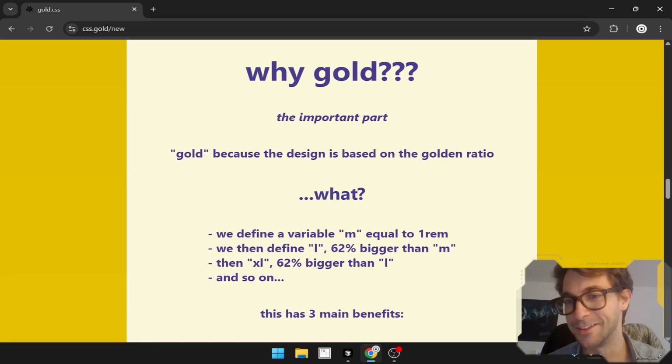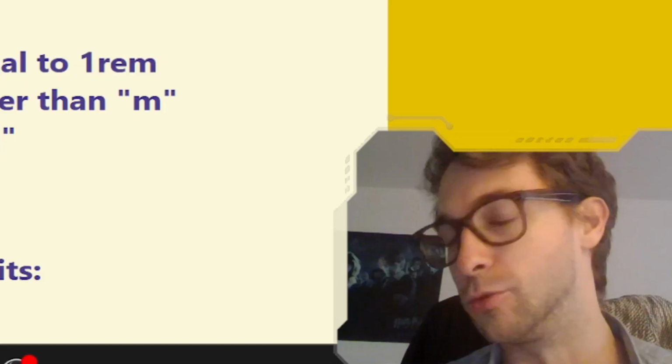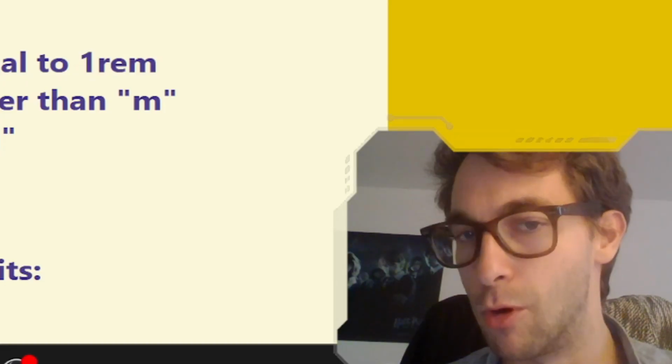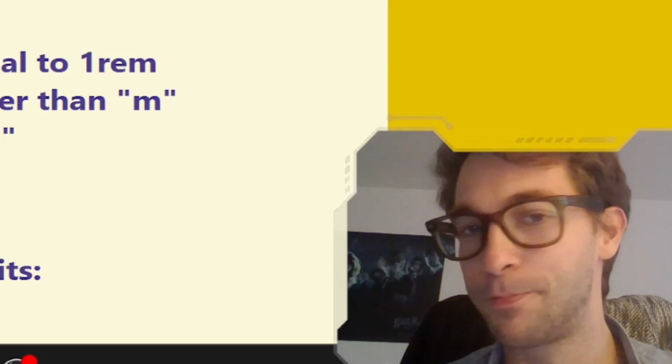Let's say it like that. It's the font size of the current display. Then we define L, which is 62% bigger than M. Actually, we are trying to calculate it really precisely, so it's 61.8% bigger. So the golden ratio is more or less 62%.